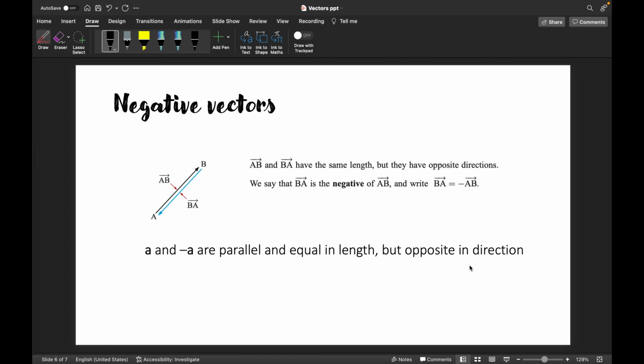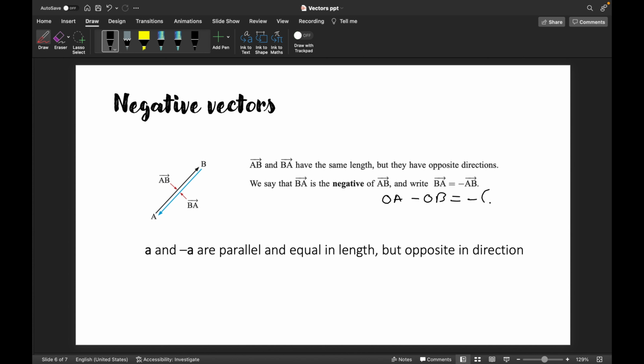Okay, it's right here. It's negative vectors, right? So vector AB and vector BA have the same length, but they have opposite directions. We say that BA is the negative of AB. So therefore, we write this. When we break this down, you'll understand why this is that way. You may not understand this right now, but you'll understand why when we do the subtraction and addition of vectors. But I'll just tell you how this works. So this is OA minus OB.